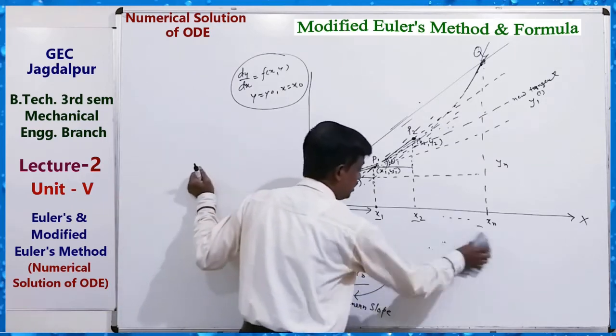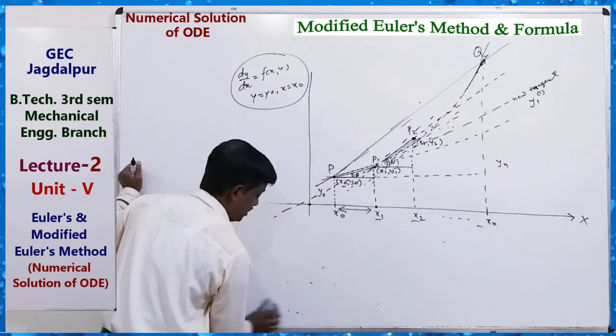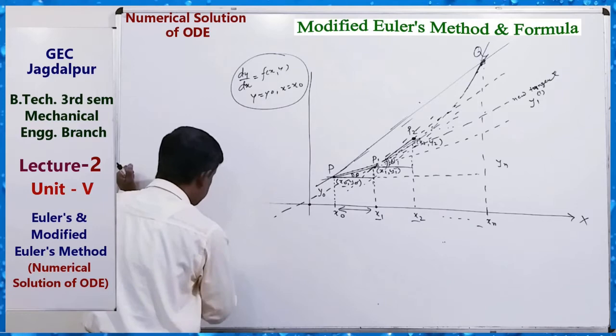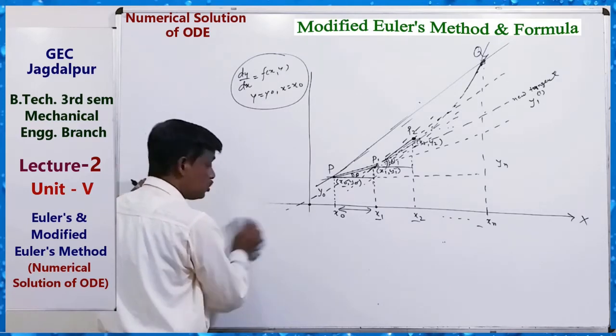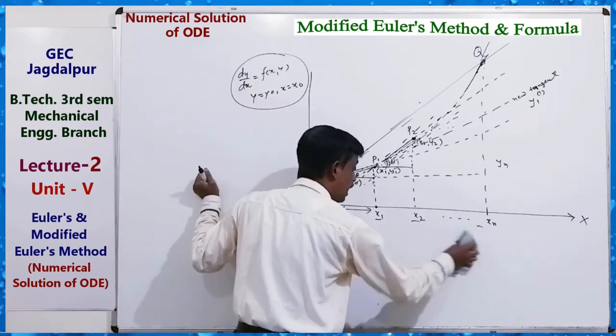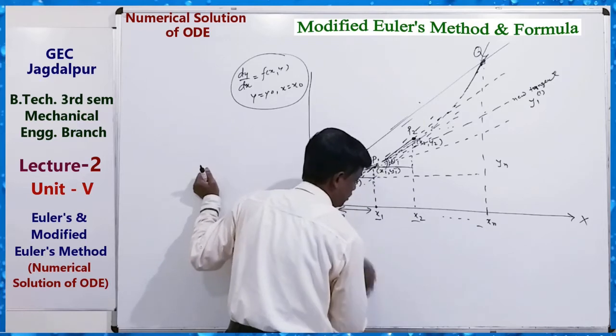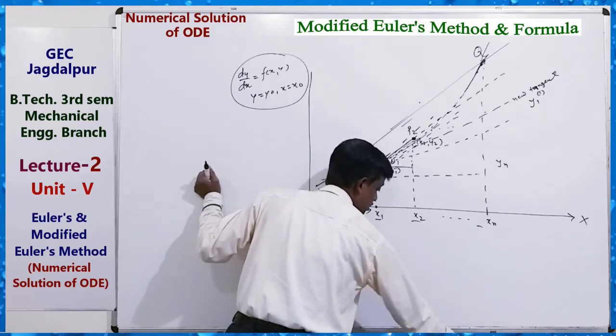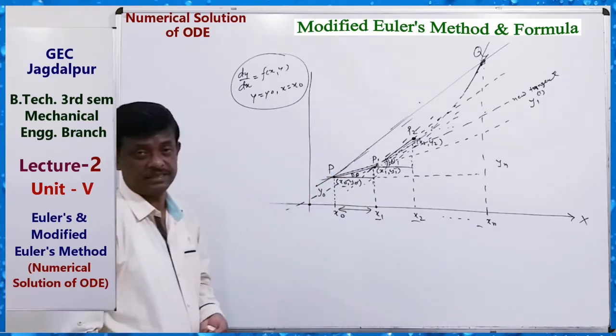What is the formula? Just write the formula. But in place of slope, we use the average of the slopes of two consecutive tangents.